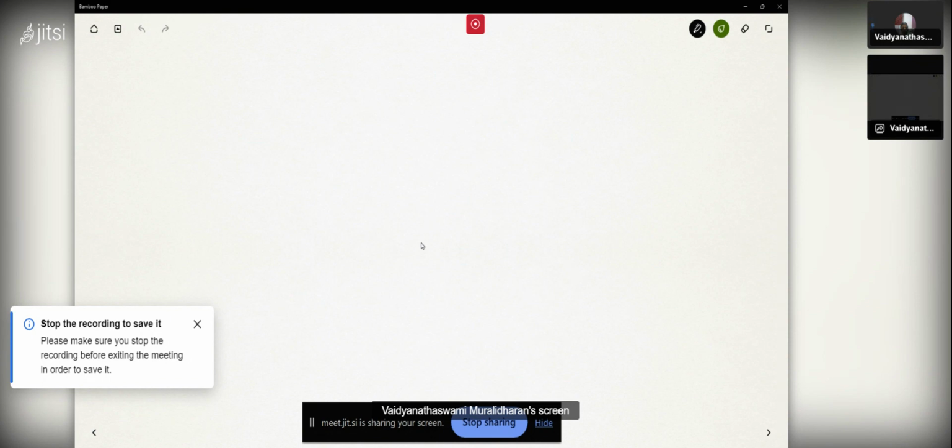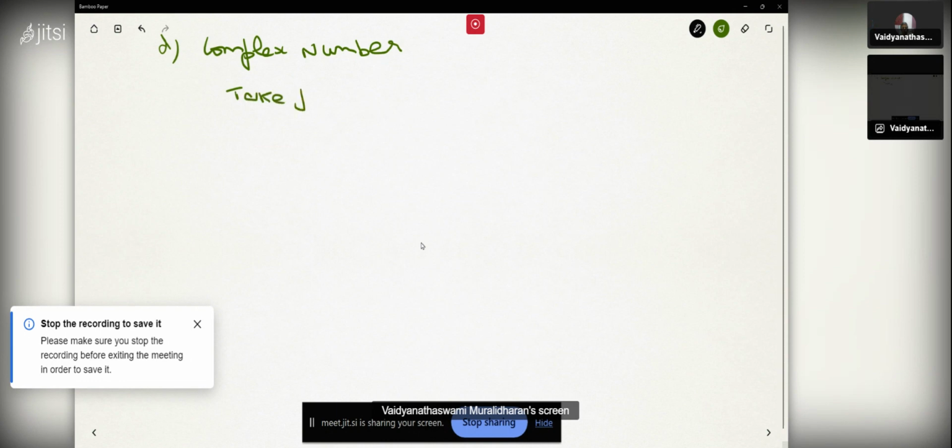Then comes complex number. Take square root of -1.